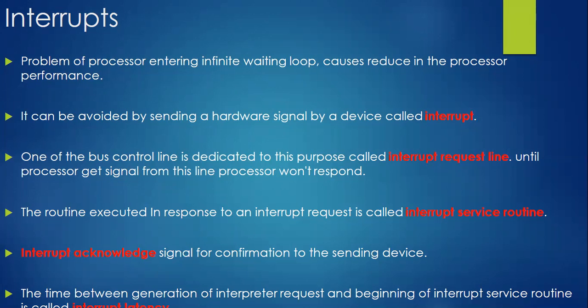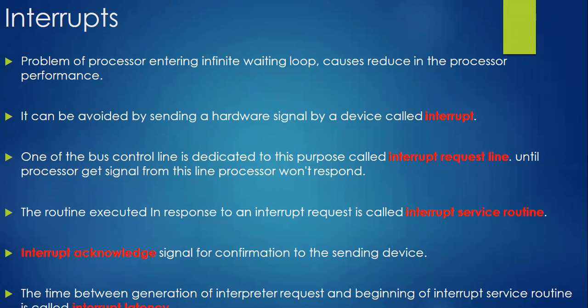Regarding that, we will discuss in further topics. But for the time being, just feel that an interrupt means some sort of hardware signal the device generates towards the processor so that it can grab the processor's attention. This is the main motto of using an interrupt request.